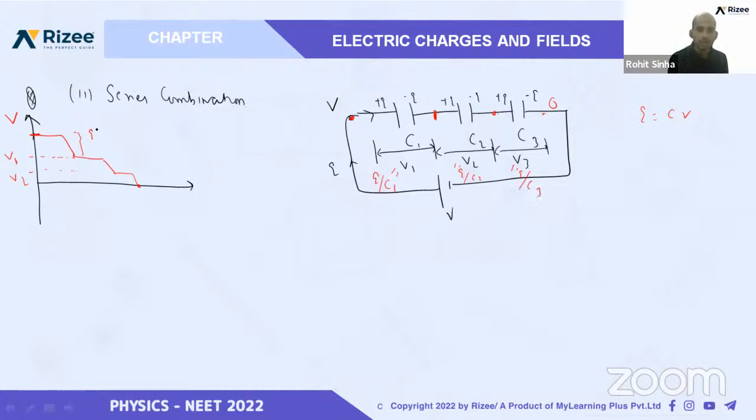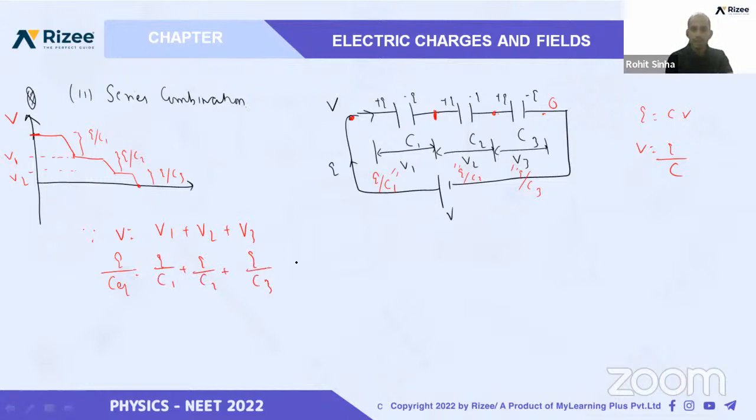Since V is the total potential drop, V is equal to V1 plus V2 plus V3, and V is equal to Q by C equivalent. So Q by C equivalent is equal to Q by C1 plus Q by C2 plus Q by C3.